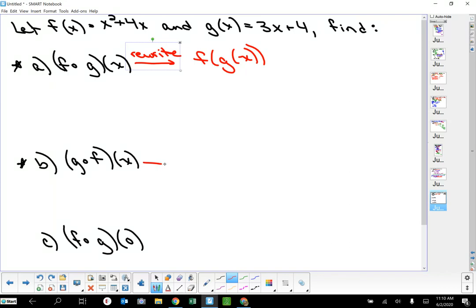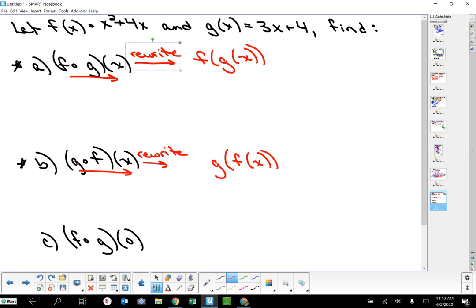Let's go down here and rewrite this one. This one's going to be g of f of x. So it just comes in the order left to right that they fall in when you rewrite those.